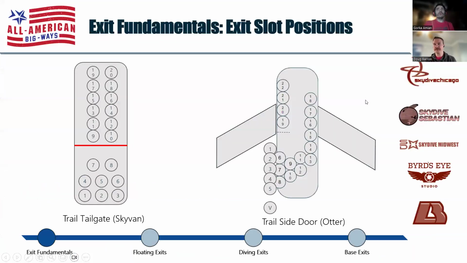All right, so we talk about who's diving, who's floating, and a lot of times, even before we go over exits, even when we're walking a dive, we use a nomenclature of a letter and a number to designate a specific slot for a specific person, right?